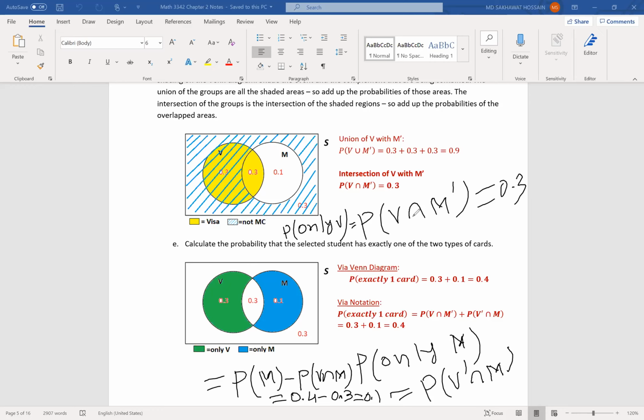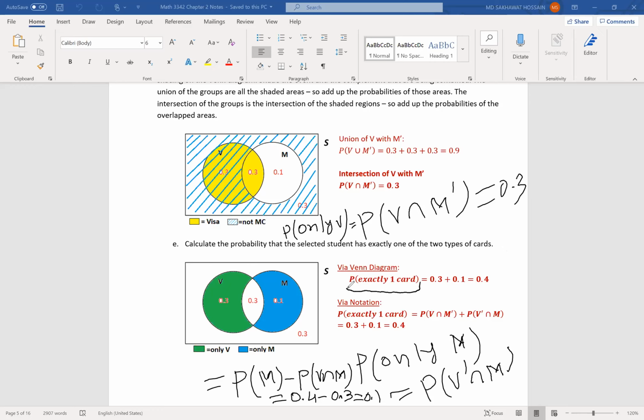So now we have the probability that the student has only Visa card is 0.3, only MasterCard is 0.1. So what is the probability that the student has exactly one card? That means either only Visa card or only MasterCard, so you need to add these two probabilities. That's what we did here.